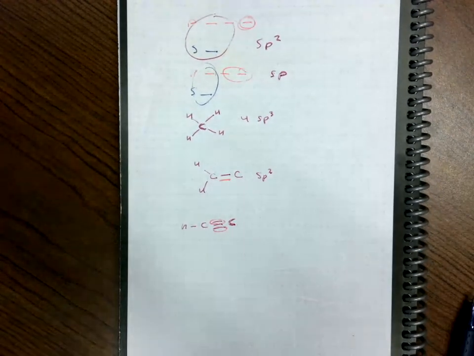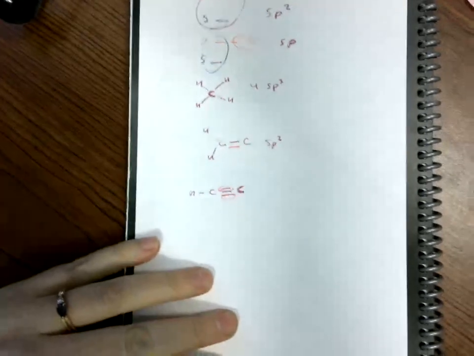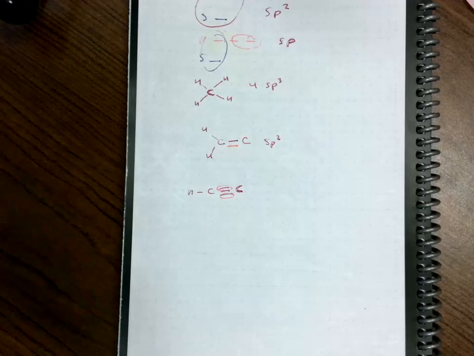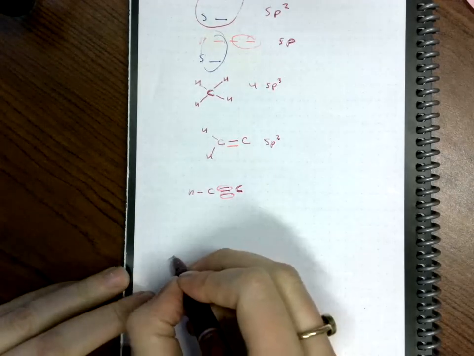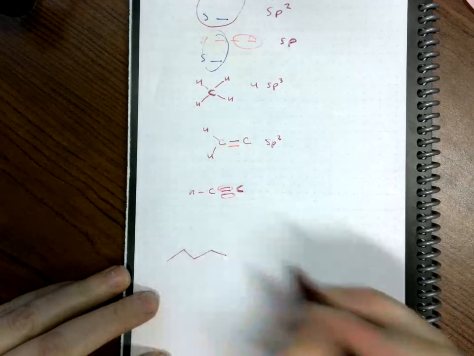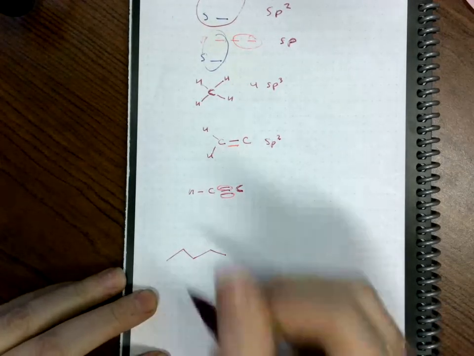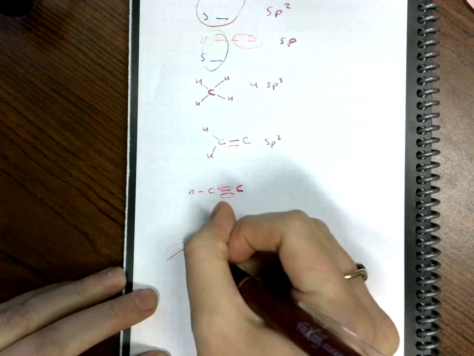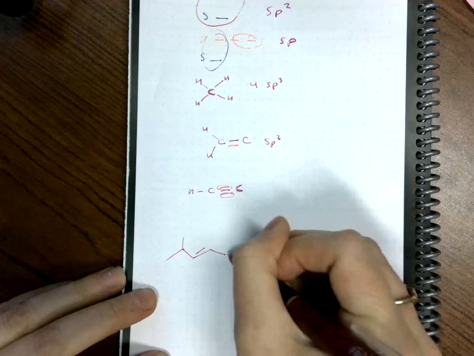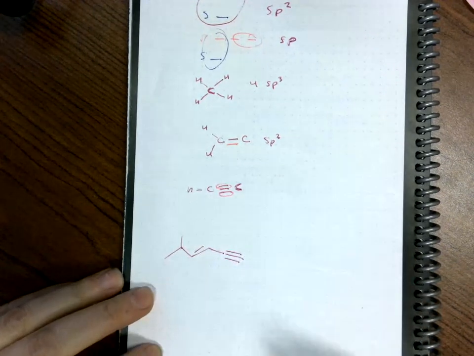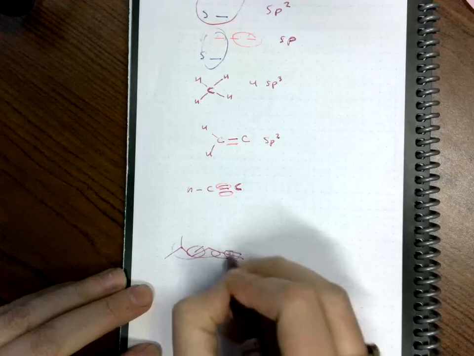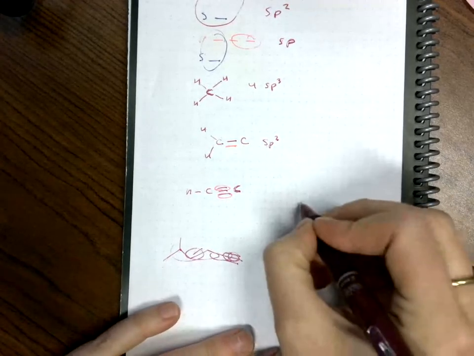If that's confusing to you, that's fine. There is a quick and easy way to tell what the hybridization is of a molecule that you can use going into your organic chemistry class, and that's looking at sigma bonds versus pi bonds or electron domains. So if you look at, sorry, I forgot we haven't gone over the condensed formula yet.